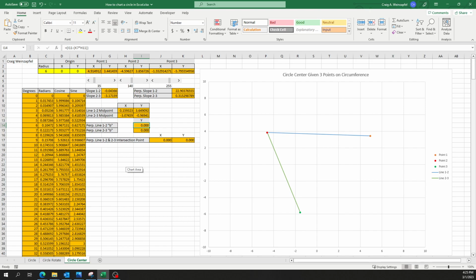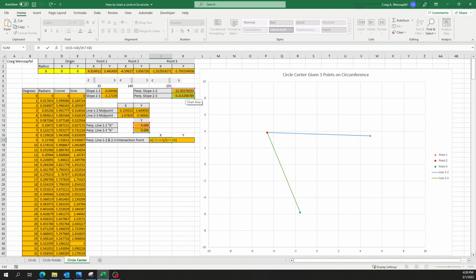And with that, I can then, I'm sorry, not substitute, but I will use my perpendicular line slopes and the y-intercepts, and I will set the equations in slope-intercept form equal to each other.